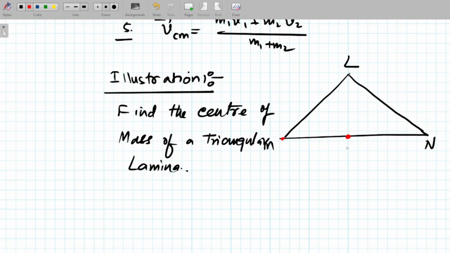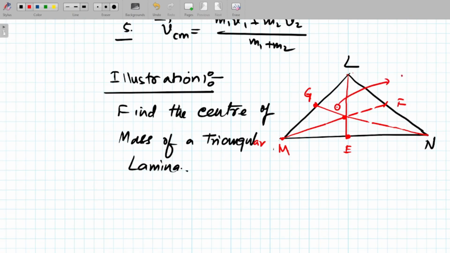Let us say the midpoint of MN is E. So join L with E. And the midpoint of LN is F. And similarly, if I join F, and the third will be joining to point G, which is the midpoint of L and M. So this cross point is O. O is known as the centroid of the given triangular lamina. So this O is the center of mass.